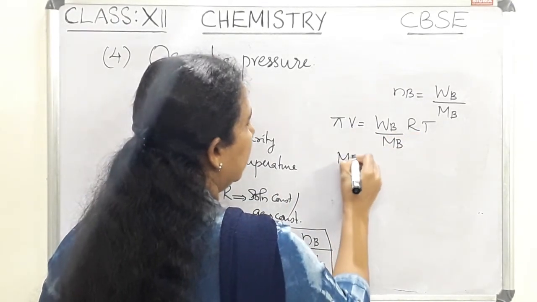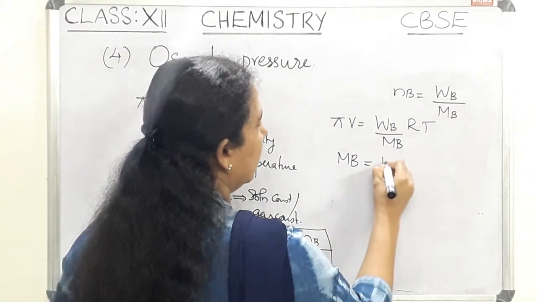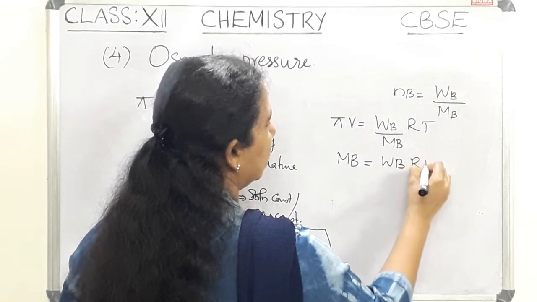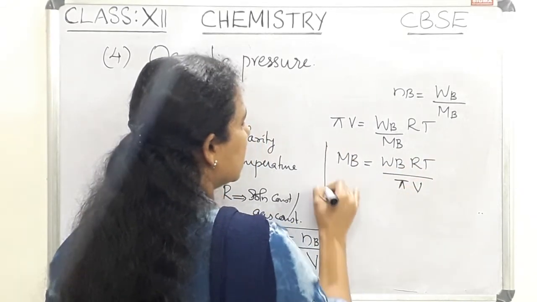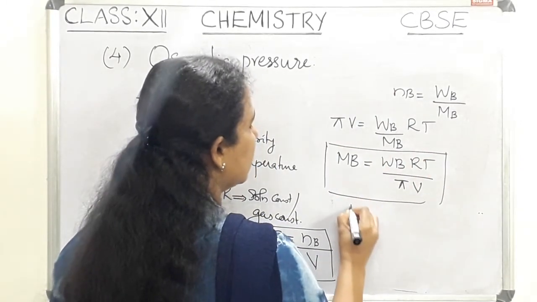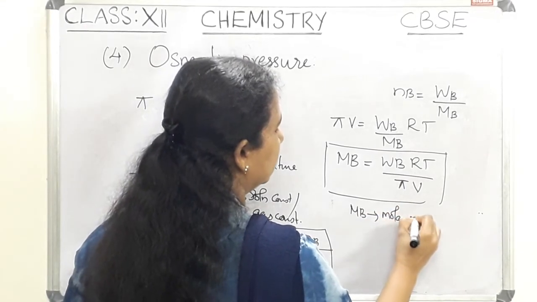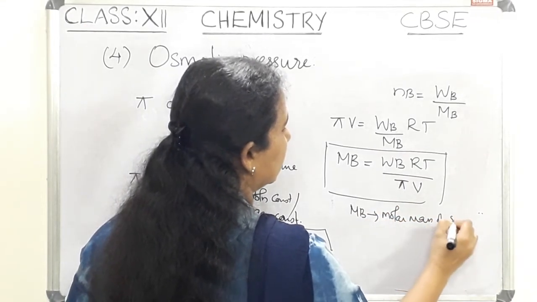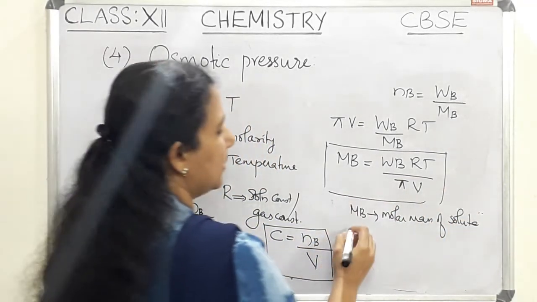Then MB, the molar mass of the solute, equals WB RT divided by pi V. This is the equation for the molar mass of an unknown solute, and MB will be calculated using this equation.